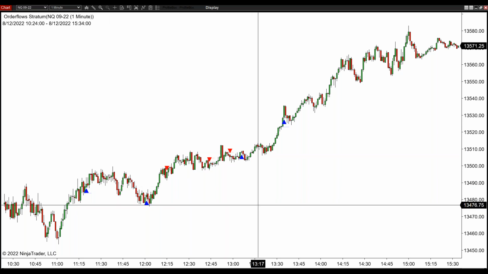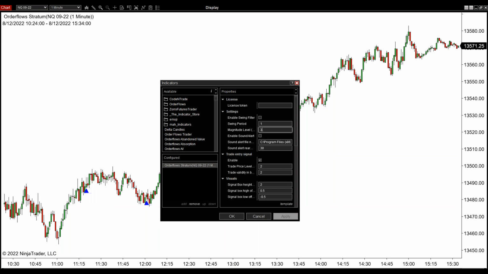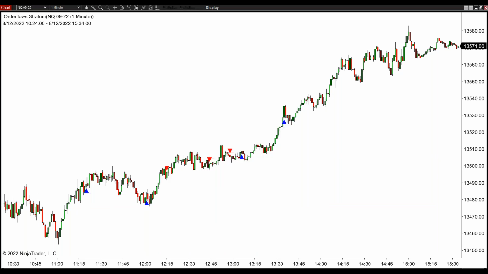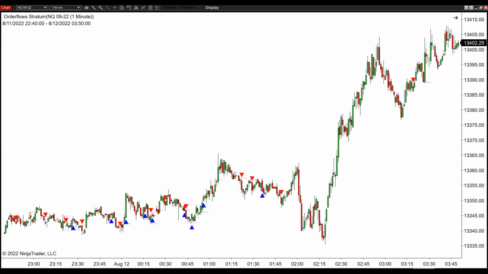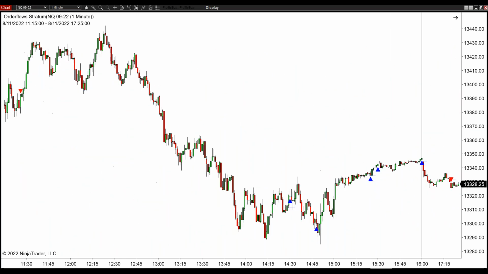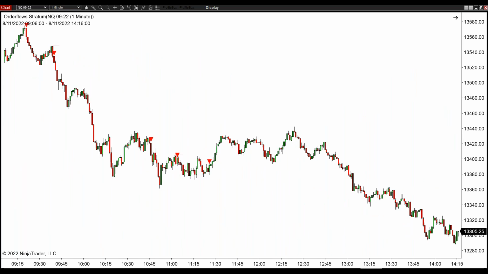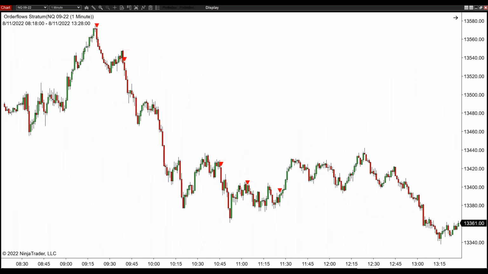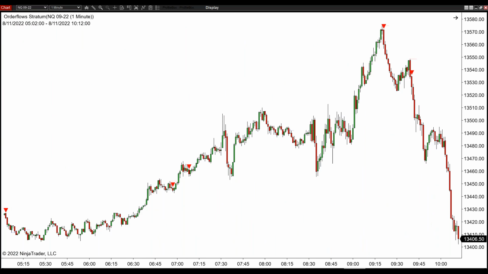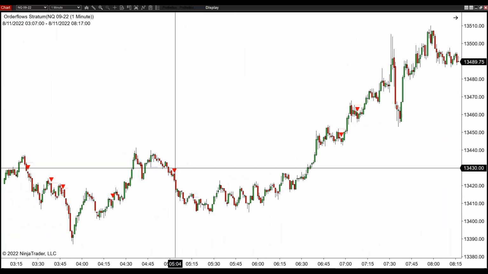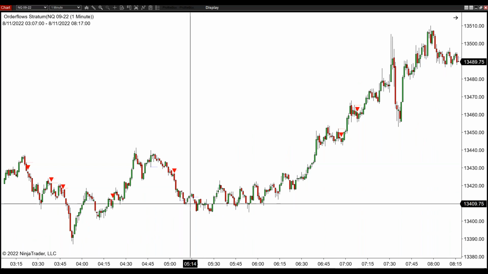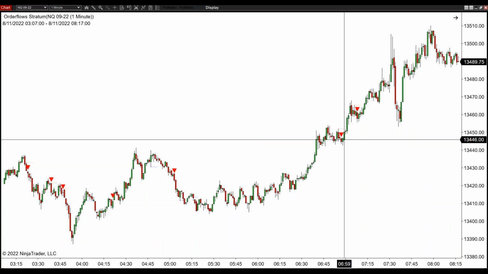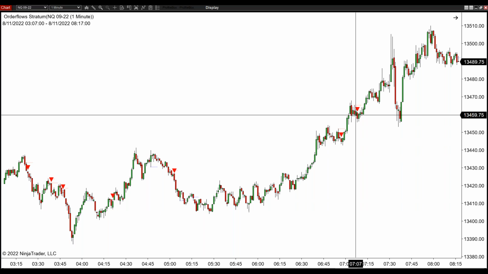So this is with the setting of 3, right? Again, no swing filter, setting of 3. So yeah, you're getting more signals, but is more really better? Would you rather have less that are more accurate, or more? Some people can take this trade, stop out, or take this trade, fine, but then, oh my God, I got a loss here, or a loss here.